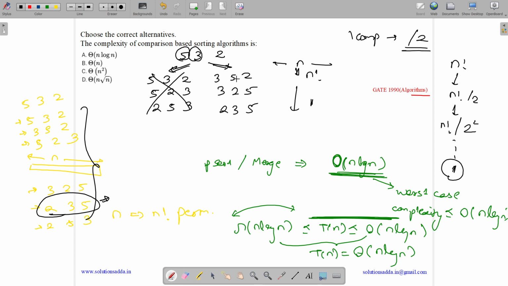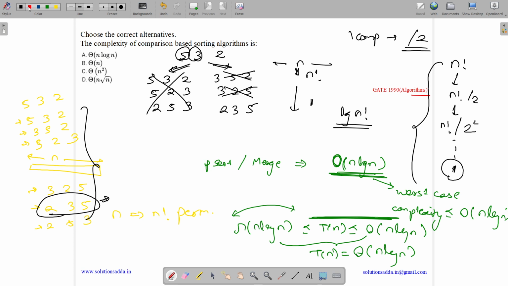And again, let us suppose we compare 2 and 5, and we come to know 2 is less than 5. Then we can discard this. So every time we are just dividing it by 2. Then we compare 2 and 3 and get to know that 2 is less than 3, so we discard this. So what are the steps in going from n factorial to 1? We are dividing each time by 2, so we will have log n factorial steps.